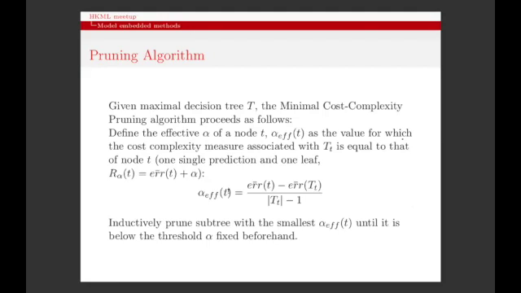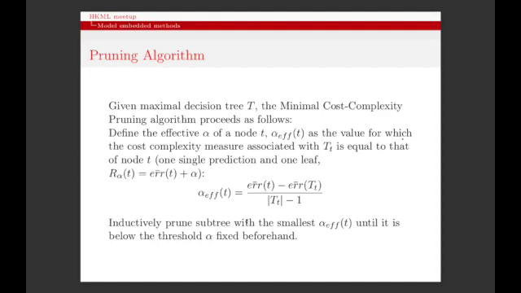This gives us a kind of metric that we can compute on every node of the tree, and we inductively prune the subtree corresponding to the smallest value of this metric, because the smaller it is, the less important is the gain in accuracy.